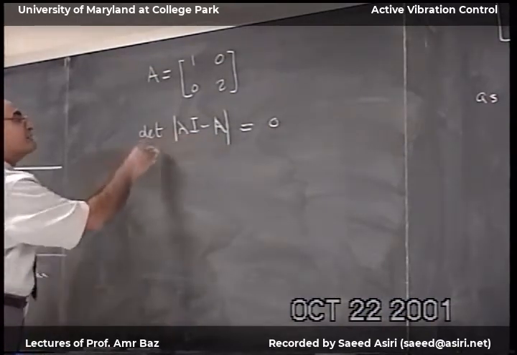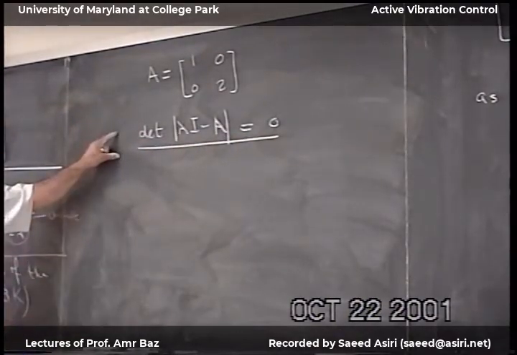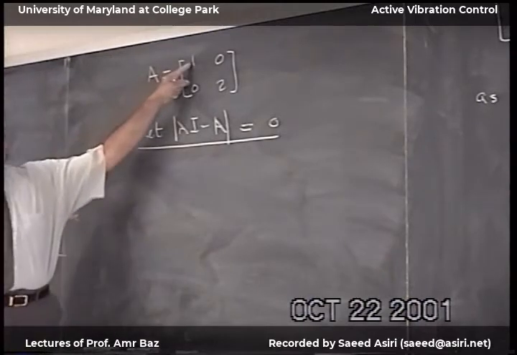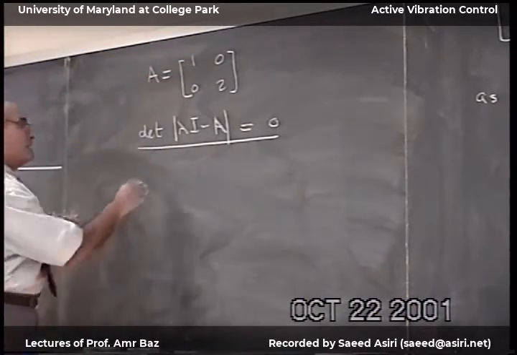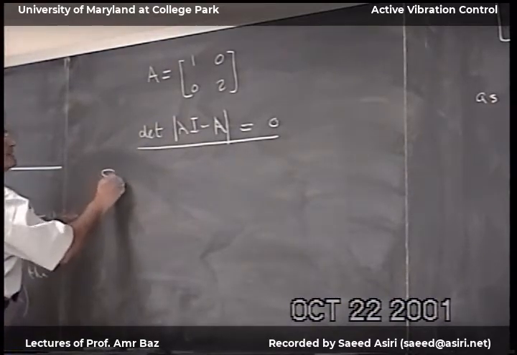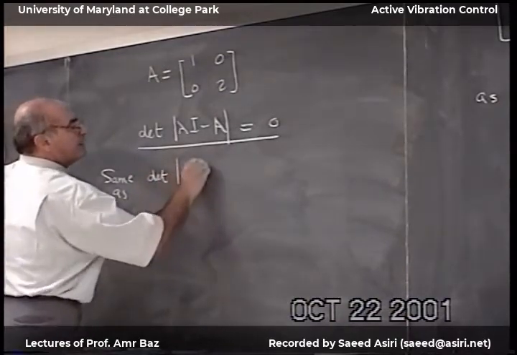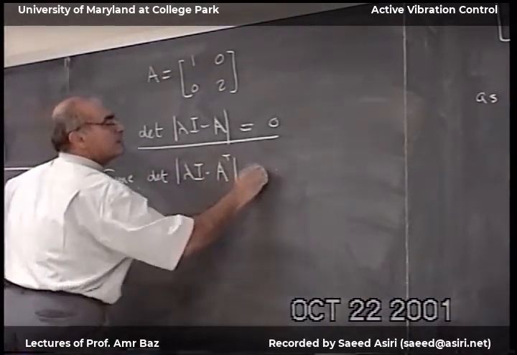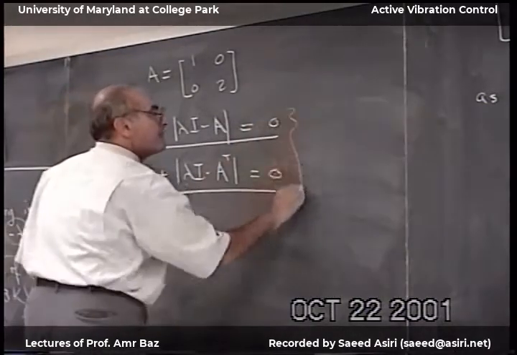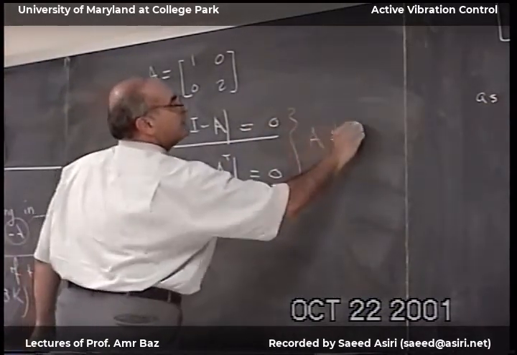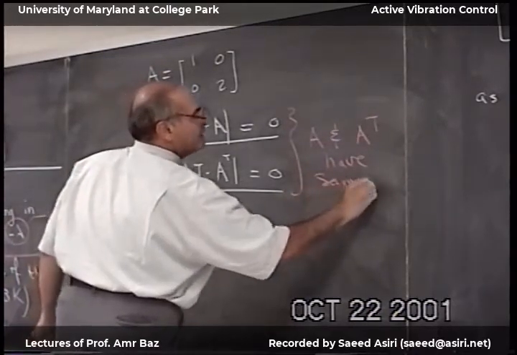So because of this fact, when I expand the determinant, it doesn't care if I expand from the row or the column. Then this is the same as the determinant of lambda I minus A transpose. And the bottom line of this, A and A transpose have the same eigenvalues.